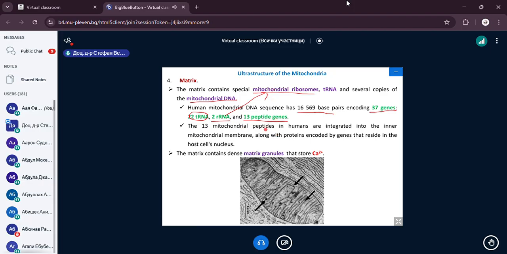So these 13 mitochondrial peptides are integrated into the inner mitochondrial membrane to form some of the subunits of these 5 complexes of the oxidative phosphorylation chain. And under the electron microscope, we can see in the mitochondrial matrix these black granules, which are matrix granules representing storage of calcium in mitochondria. So not only smooth endoplasmic reticulum can store calcium ions, the matrix of mitochondria is also a storage area for calcium.